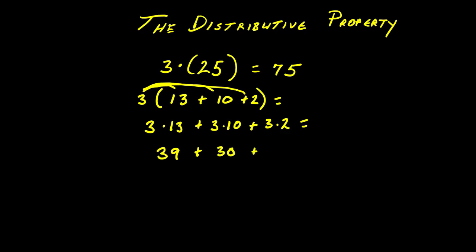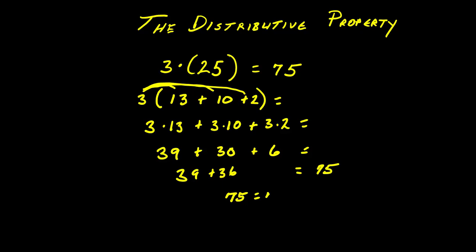And 3 times 2 is 6. 39 plus 30 plus 6 is going to be 39 plus 36. And if my addition is okay, that should be 75.